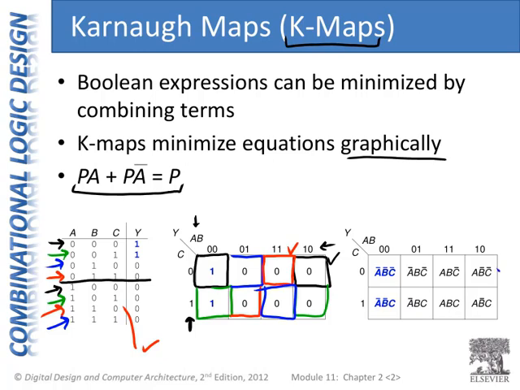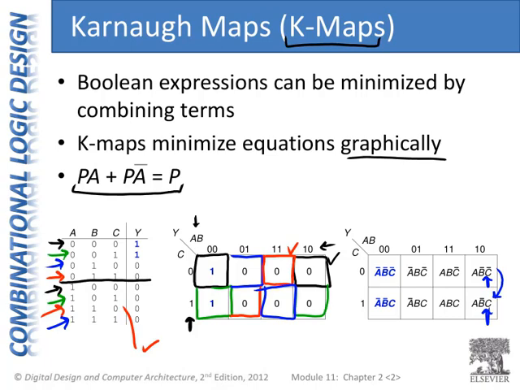And it also works going vertically. So this box at the top, the 1, 0, 0 box, A, B bar, C bar, and the box just below it, A, B bar, C, differ only in the C term. And that's a useful property for us.